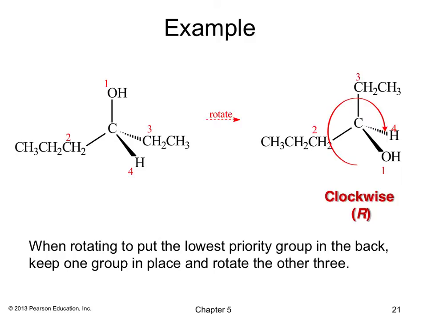Once you rotate this so that it goes to the back, this then comes up, right? Hydrogen goes to the back, this goes up, and this comes down out in the front. Once you do that, it's in the back of the board. You're going to now look at what the priorities are, 1, 2, 3. It's going in the clockwise direction. As a result, configuration is assigned R.